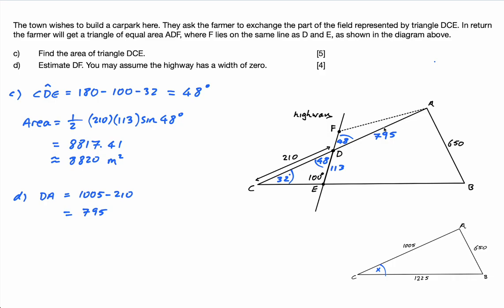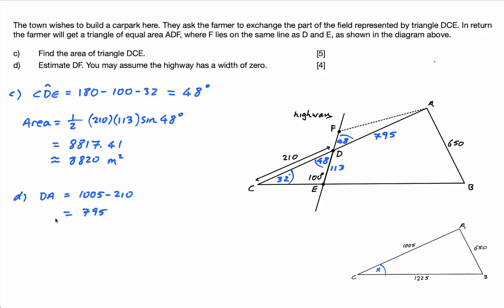Now, the area, remember, the farmer is trading, if you like, this area for this. So whoever is building this road, the council or whoever it is, they take this part of the field and they give him this part of the field, but the area has to stay the same. So the area has to be this.